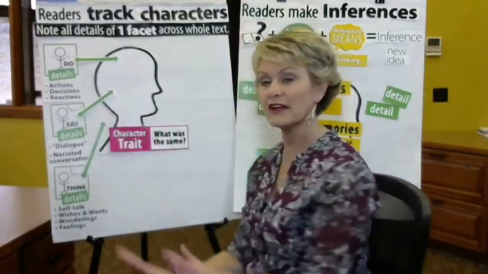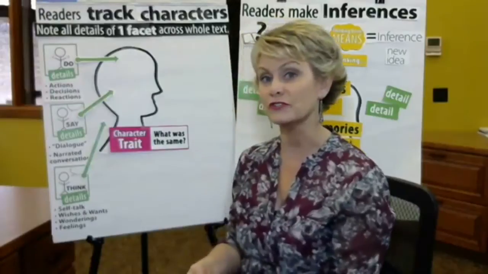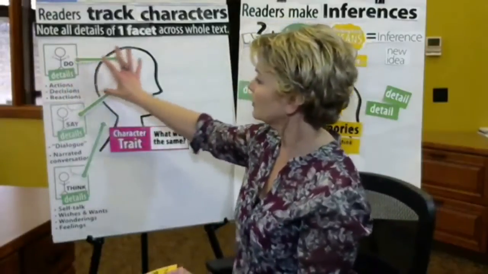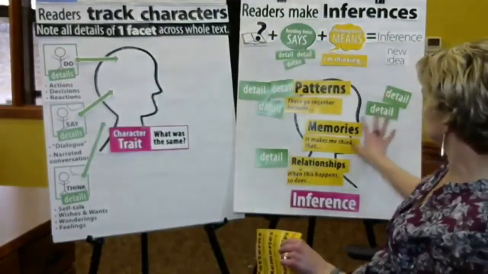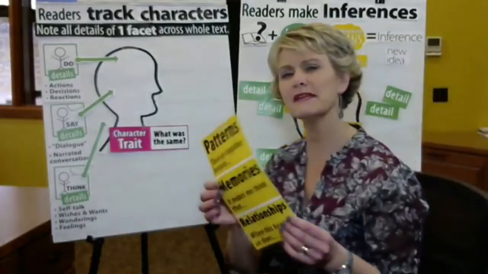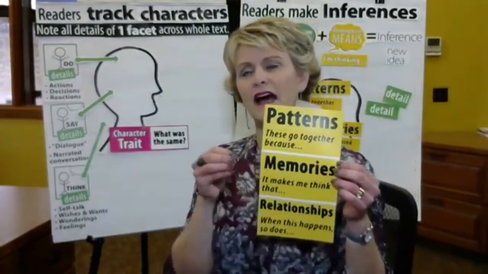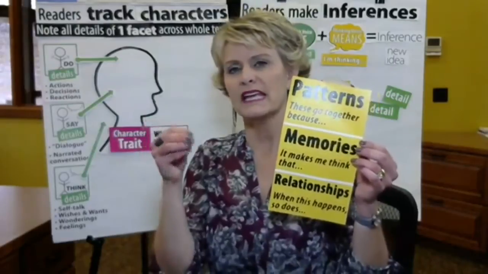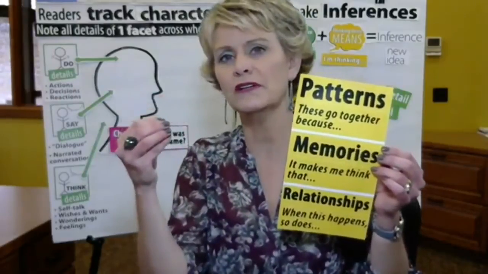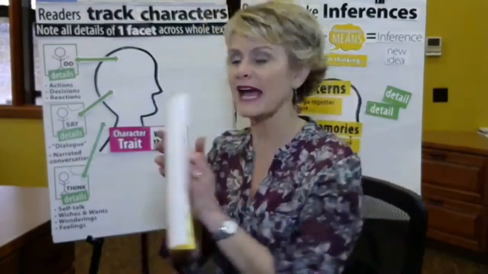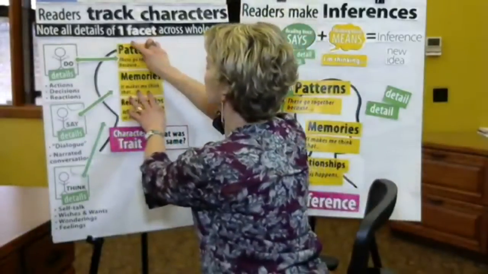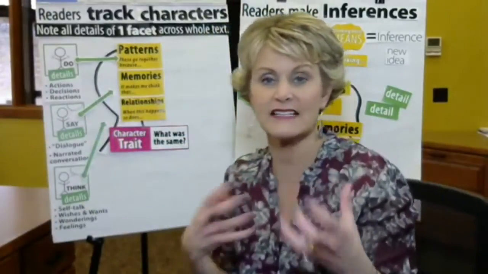All of these will help you as you use your thinking voice, look at all of those clues, and say, this makes me think that. I'm wondering if he's kind of like someone who, and we start to use our thinking voice and find patterns and relationships, and we use our memories, our own text-to-self connections, to figure this out.